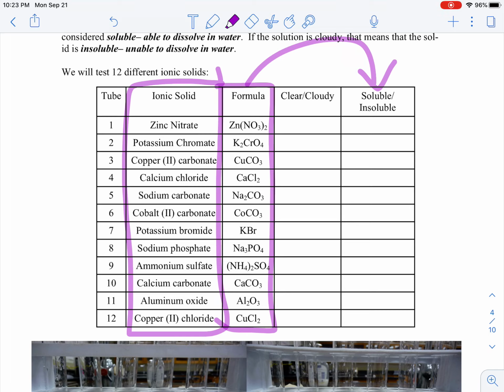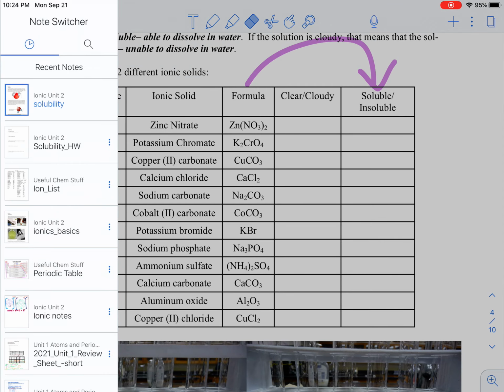Will it dissolve in water? And you're going to have to look at these and identify, will that happen? Okay? So at this point, you've been able to create, write, name, identify these structures, and you did that because you knew about their charges, okay? And that's not going away.